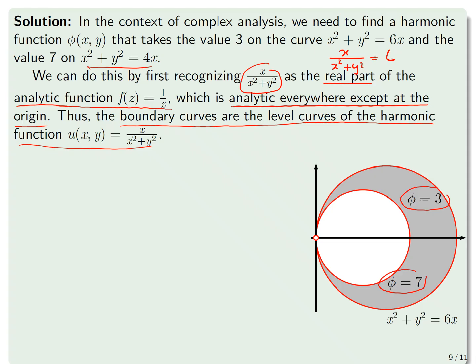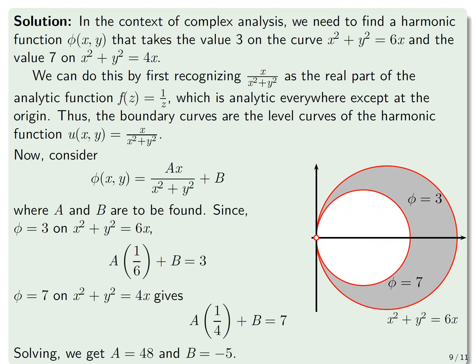That's the connection here. Now what we do is try to use the given information, phi equals 3 and 7, to find the solution. So we introduce this special function. You can see that's the function we have here, but we put a and b in there. That's one way to modify this.